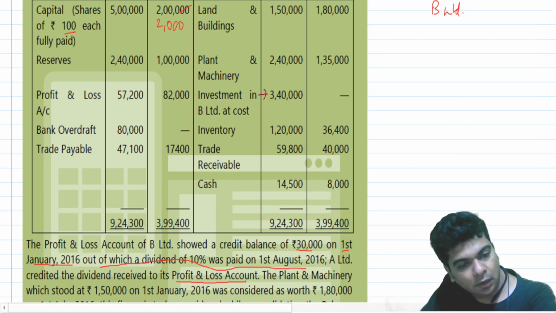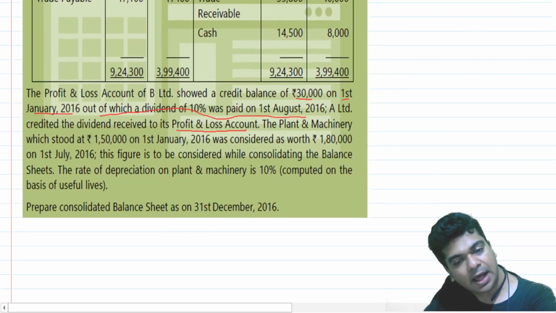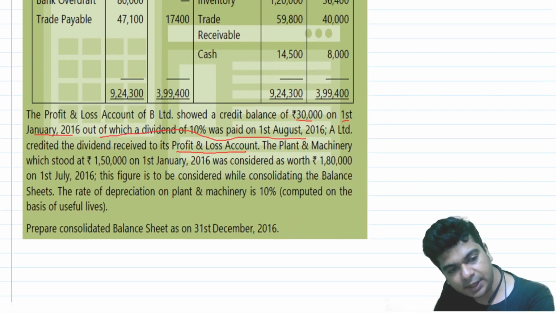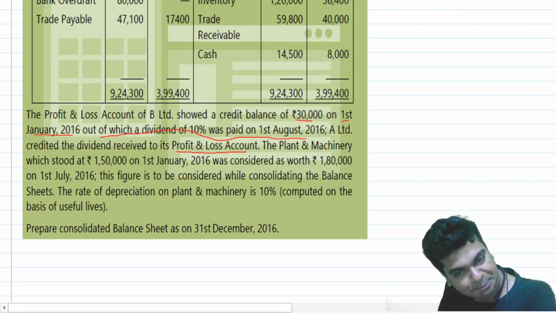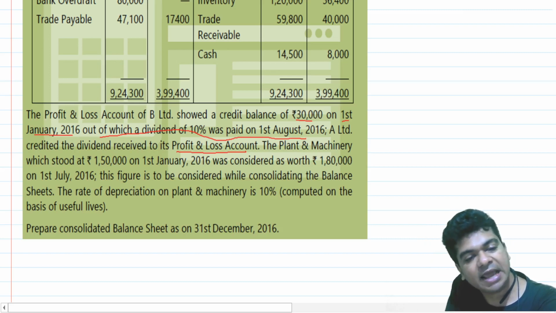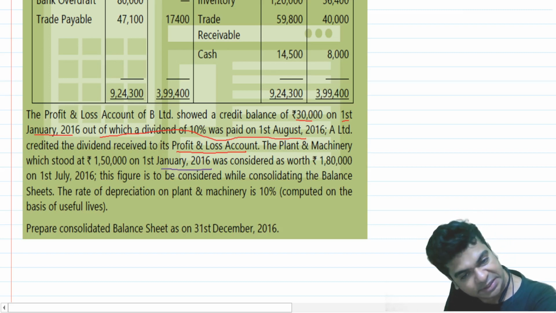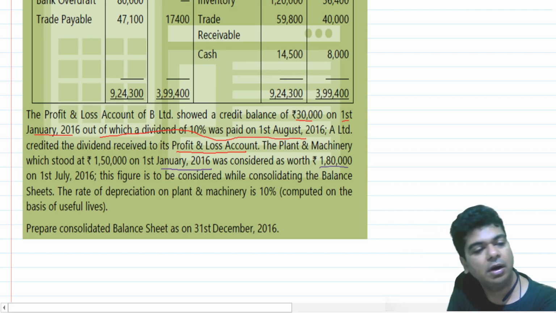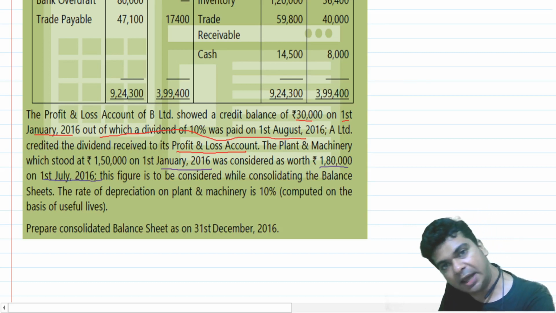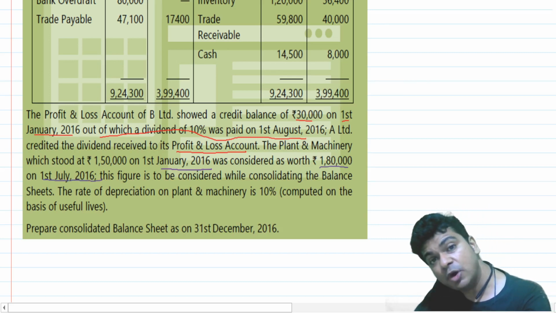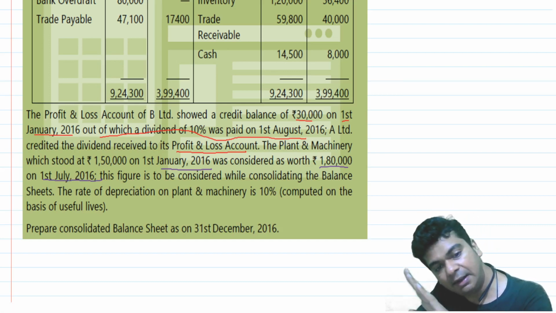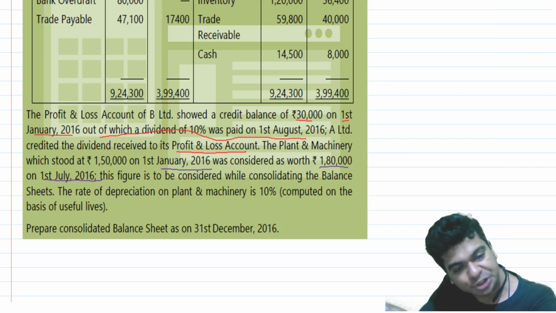Okay, what more is there? After the P&L and all, they are saying the plant and machinery which stood at 1,50,000 on 1st January 2016 is considered as worth 1,80,000 on 1st July. So the day when you are acquiring shares of the subsidiary, we are doing a revaluation of the plant and machinery.